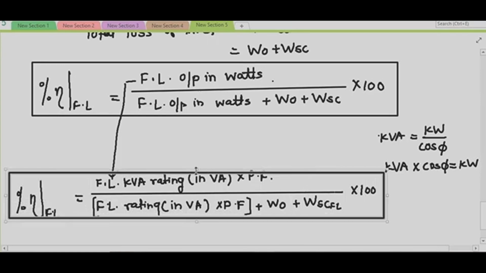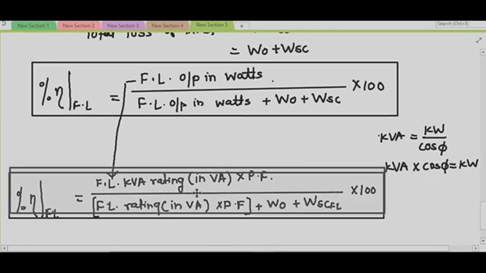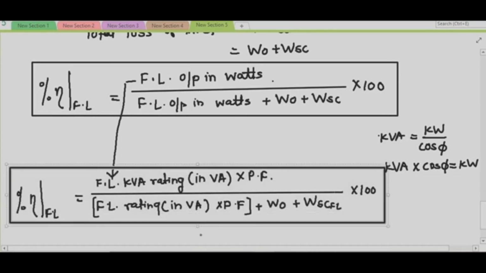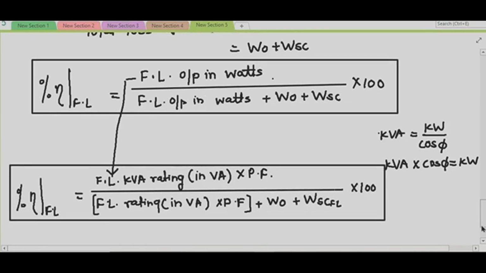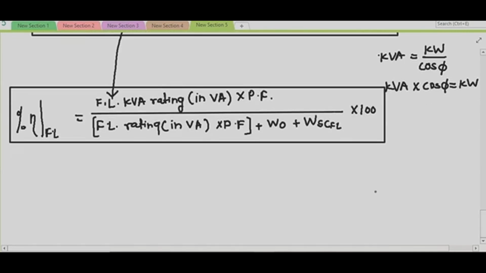So if the KVA rating of the transformer is given to you, then convert that KVA into volt ampere by multiplying it by 1000 and multiplying by power factor so that you will get the output in watts. This is the efficiency at the full load.